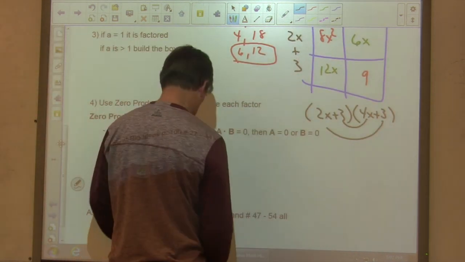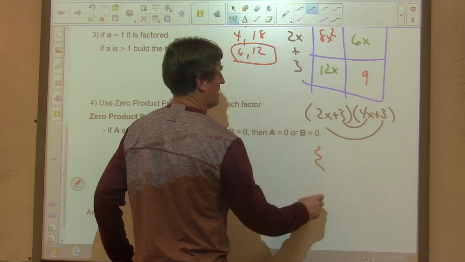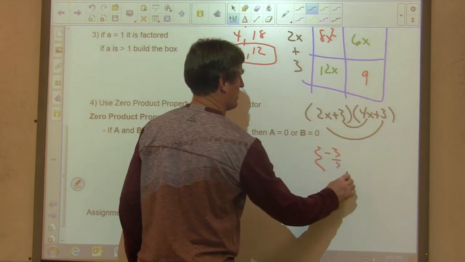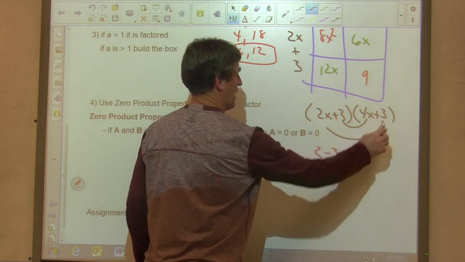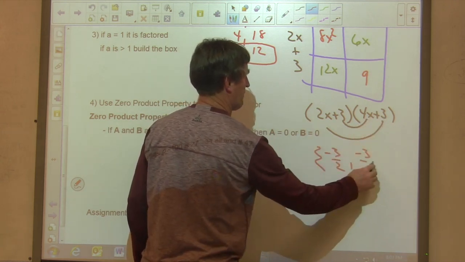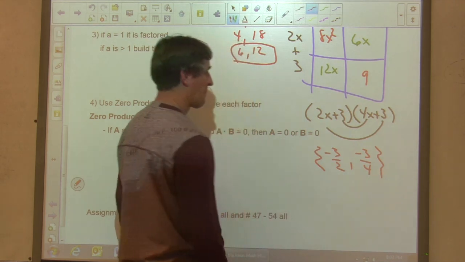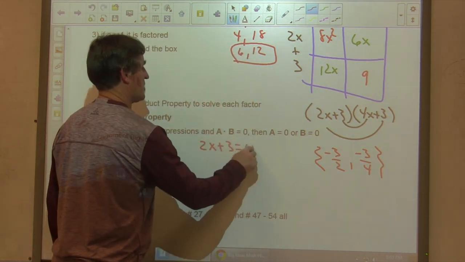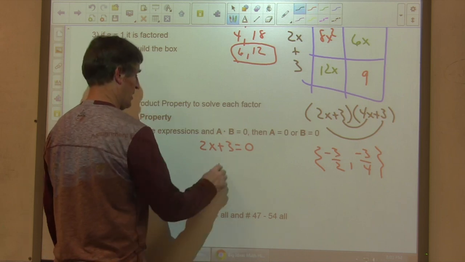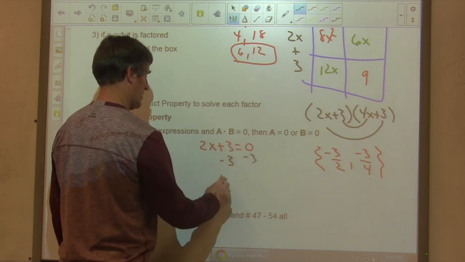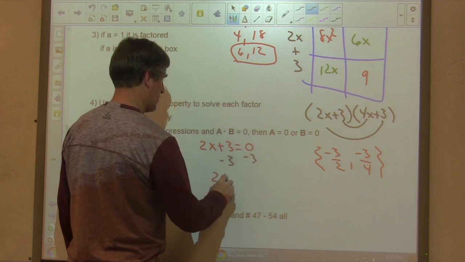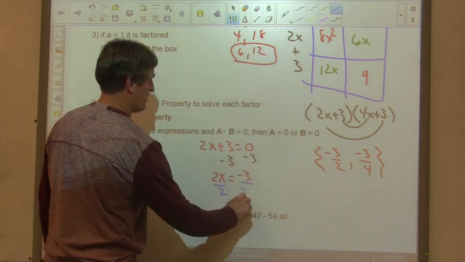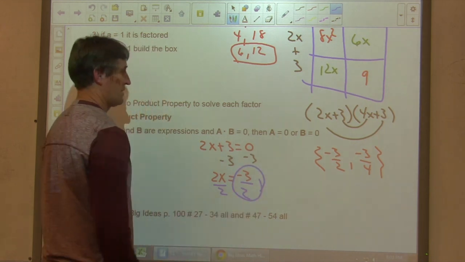And then we can just use the shortcut. The opposite of 3 is negative 3 divided by 2, negative 3 halves. The opposite of 3 is negative 3 divided by 4. And again, if you can't remember the shortcut, you just set it equal to 0, subtract 3, and so we get 2x equals negative 3, then divide by 2, and you get your negative 3 halves.